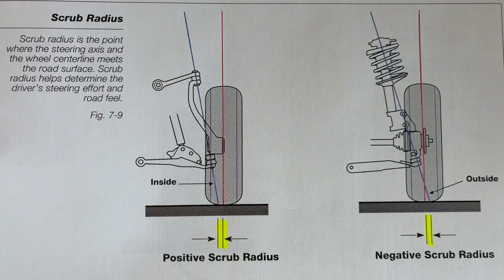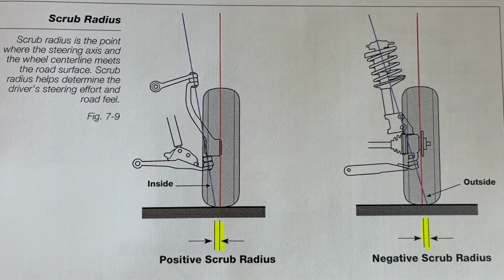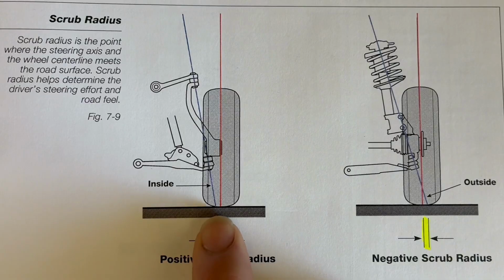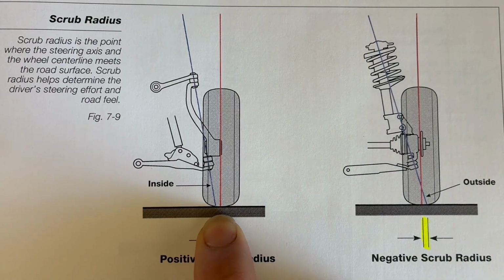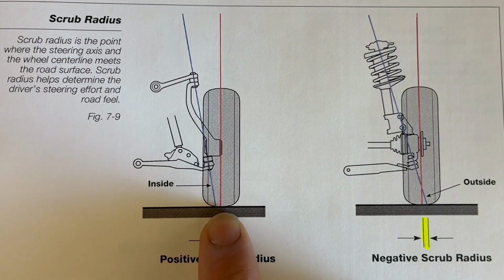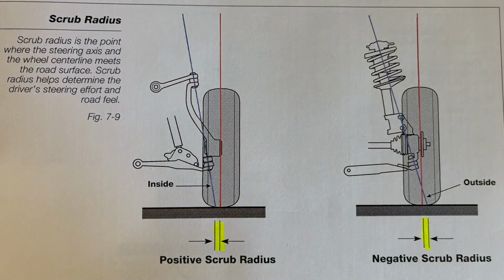Today I want to focus on positive scrub radius, because most 4x4 or four-wheel drive vehicles use positive scrub radius. I couldn't find a scrub radius spec from Toyota, but the ideal is 50mm for a Toyota 4x4. Maximum allowance would be 40mm, no more than that.